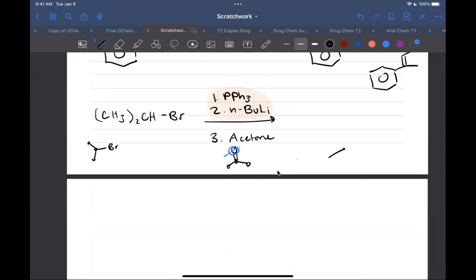So if I were to redraw acetone, but instead of that oxygen, I draw that isopropyl group where that Br was attached. Now I put them together, and this is what they look like, where this isopropyl group was derived from CH3, 2CH, and this complex right here was derived from your acetone. So hopefully that makes a little bit more sense.